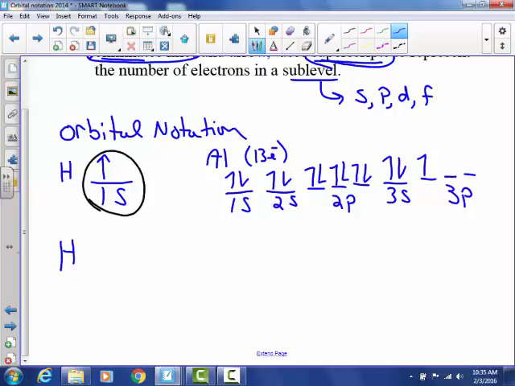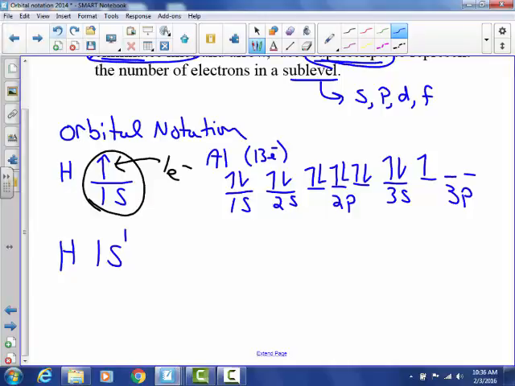And what we're going to do is write 1s, and then there's one electron in that 1s, so we're going to superscript that and write 1s1. And this right here, what we have left, that is our electron configuration notation.